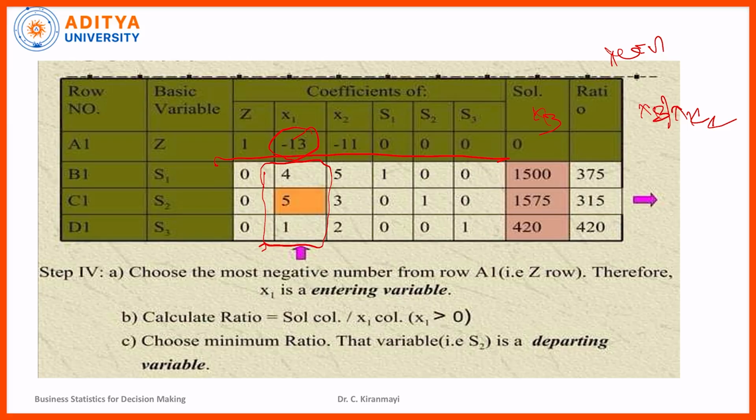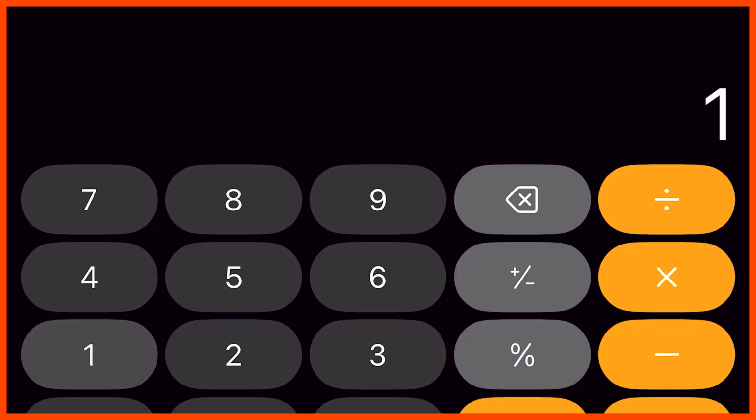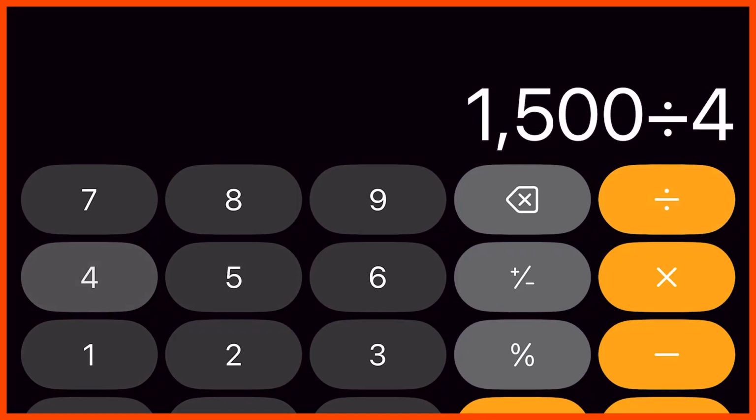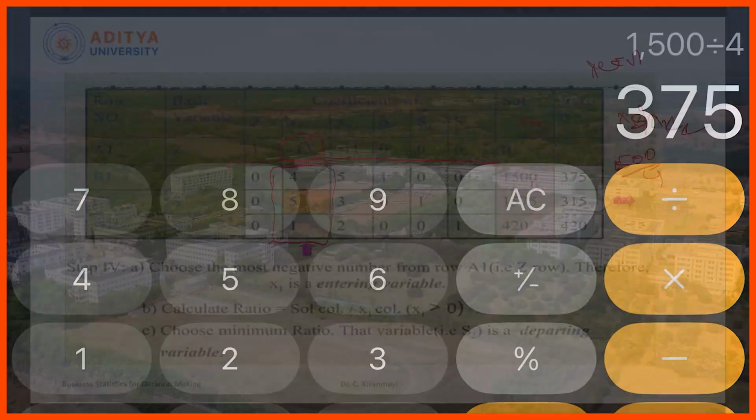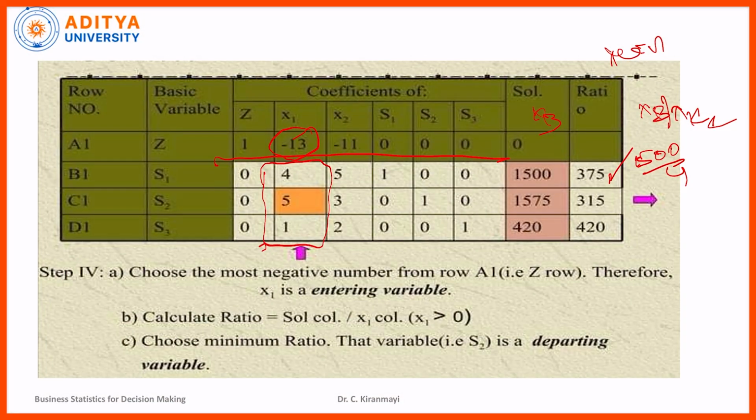The first value is 1500 and the respective value in the key column is 4, so 1500 by 4 is 375.